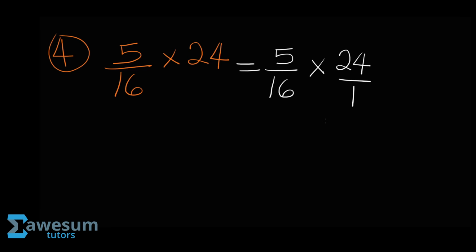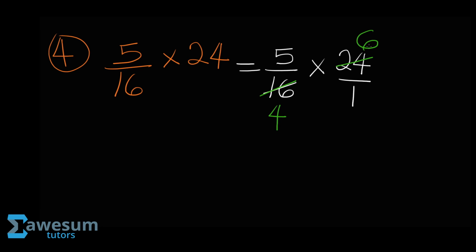If you take a look at this, you realize that 4 can divide 16, right? And that is going to give me 4. 4 can divide 24, and that's going to give me 6. Okay? If you also take a look at this, you realize that something can still divide. This is 4.